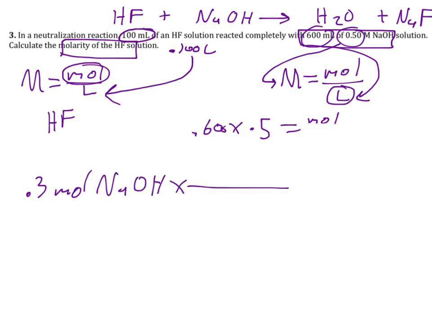And then we can just go from moles of sodium hydroxide to moles of HF. And it's a 1-to-1 ratio from the balanced chemical equation, and that means it's 0.3 moles. So it's the same number of moles there.